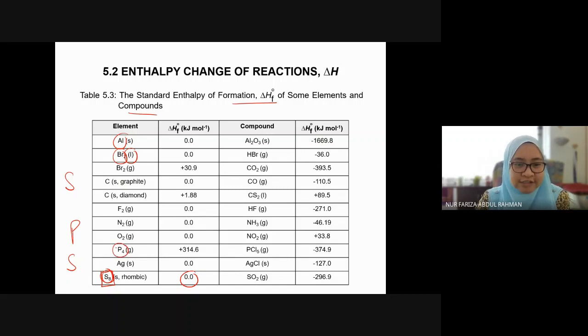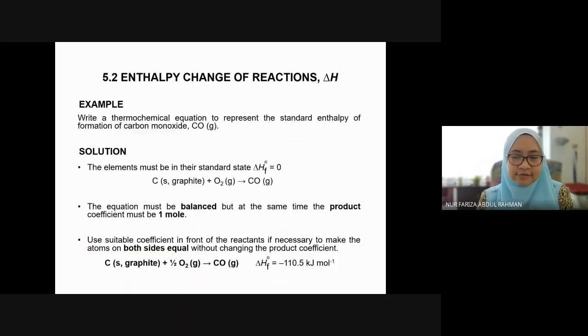And then phosphorus, dia bukan phosphorus P macam tu standard state, it should be P4. You kena tahu ni. So kalau you kena buat formation involve sulfur, bila you buat equation, katakanlah this is gas, you kena pakai S8, rhombic. Sebab syarat dalam definition tu. Right?